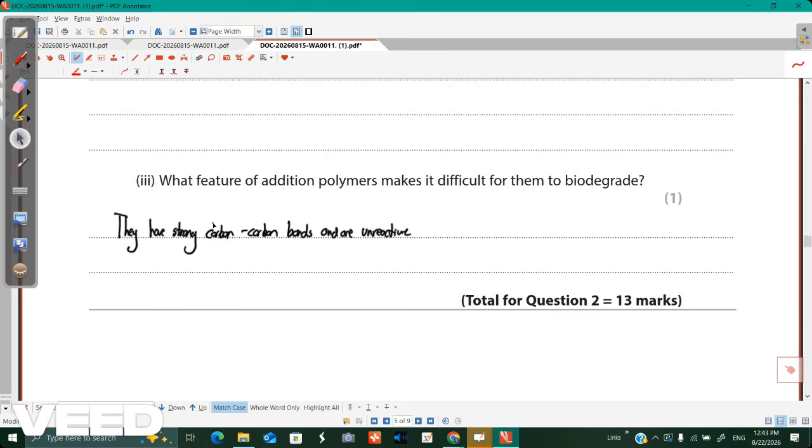They are expecting something like: addition polymers are inert relative to condensation polymer products. Why are they inert? Because carbon-carbon bonds are less reactive. Give me a second.